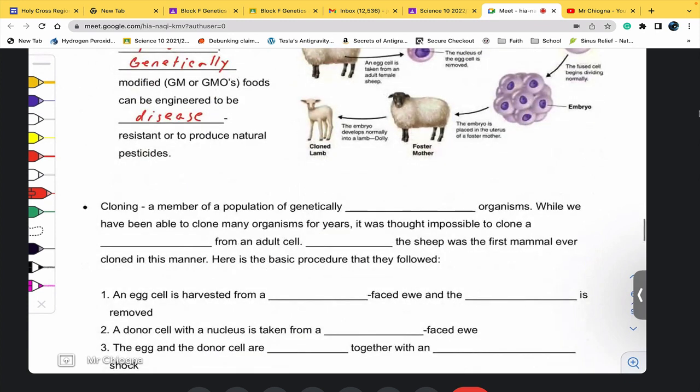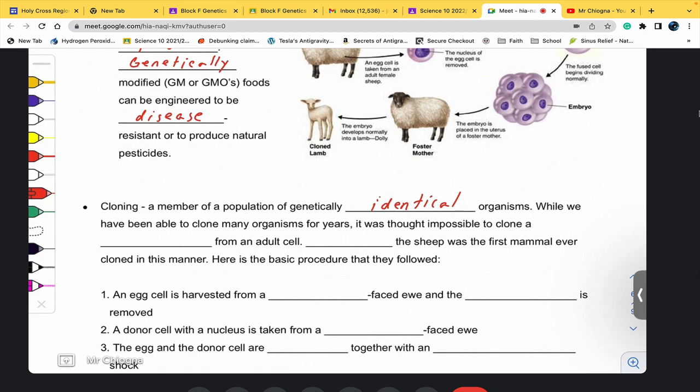Cloning. A member of a population of genetically identical organisms. Okay? The organisms are clones because they're identical genetically, through and through. They're copies of the original.